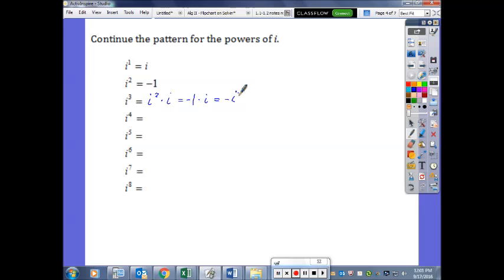All right then. Let's look at i to the 4th power. i to the 4th power is i cubed times i. And i cubed, we just found out, is -i. -i times i is -i squared.